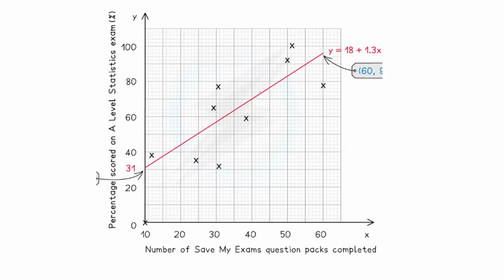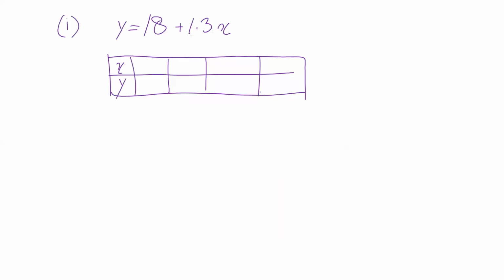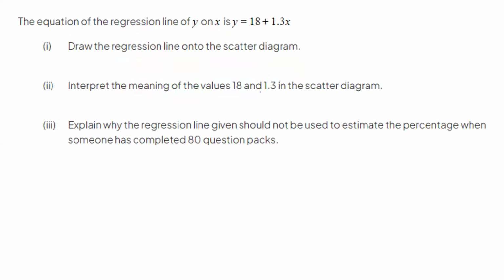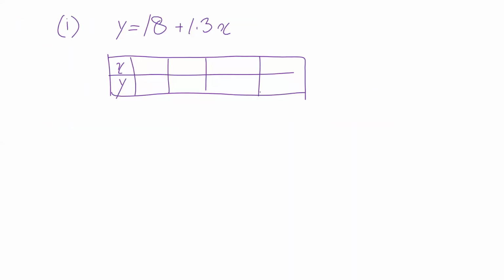So if I put x as 30 in the equation, can you do this calculation? x is equal to any number. Let me take 20. Okay, x equals 20. So 18 plus 1.3 times 20. 44. y equals 44.